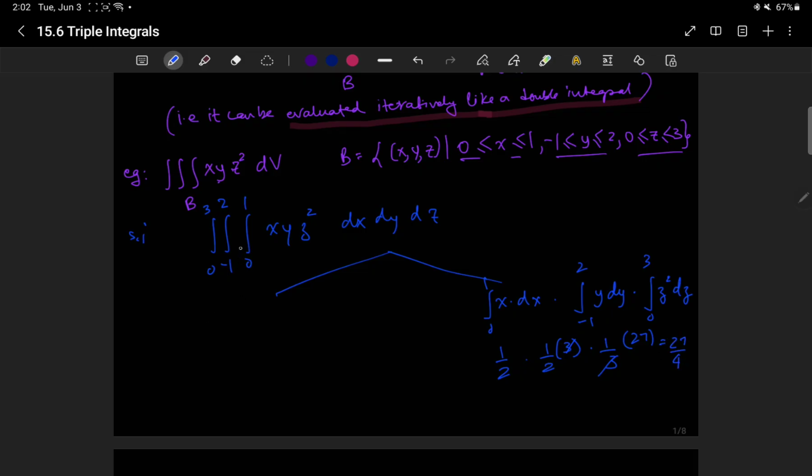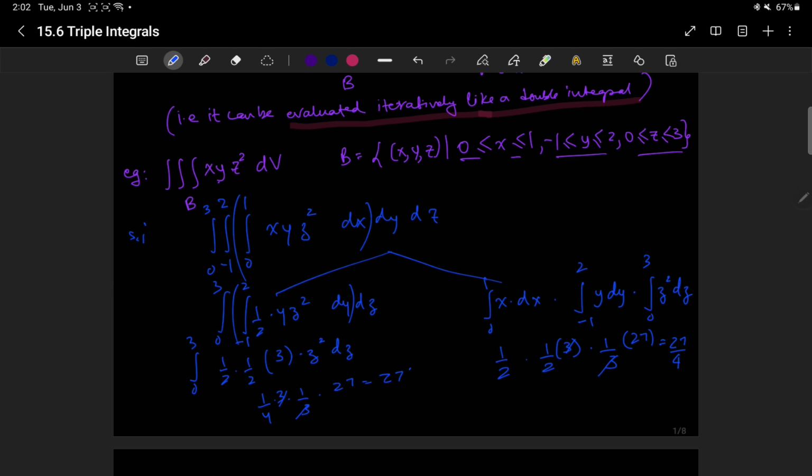Or you could go sequentially, that is, work with the dx part first. That will give you 1/2, and you have 1/2 y squared z squared, y from -1 to 2, dy dz, z from 0 to 3. Now you work with the y, so you do the dy. That will give you a 1/2, another 1/2, and a 4 minus 1, 3, and you still have a z squared dz, 0 to 3, and you get a 1/4, a 3, a 1/3, and a 27, which is again 27 over 4.